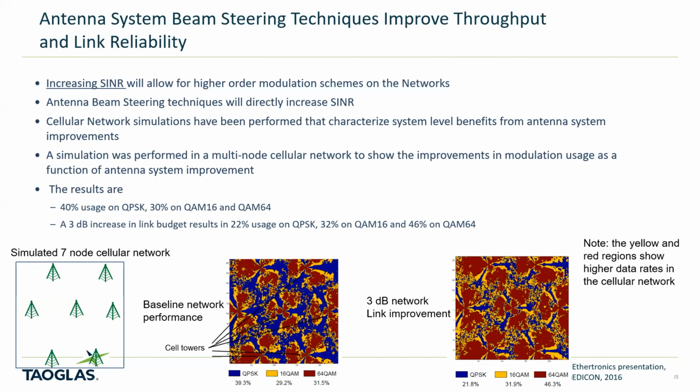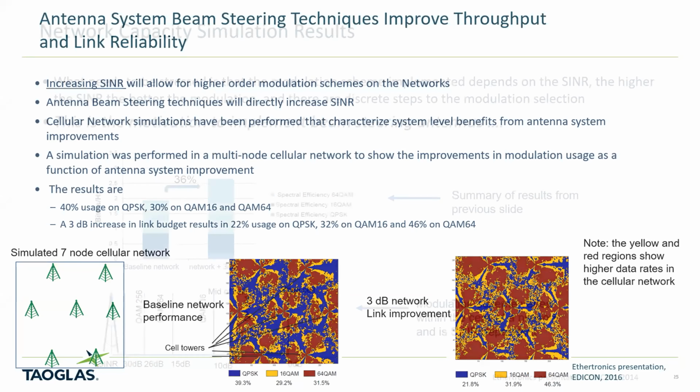So take that middle plot and say, for every client device or smartphone in that network, if I could beam steer and that would provide 3 dB of additional antenna system gain on the client device, you end up with the modulation mapping on the right. All of a sudden you see the regions of your cellular network that can support 64 QAM and 16 QAM increase. It's just that direct communication link calculation: if you can drive up the antenna gain on either side of that link, you're going to put more energy on target across the locations. So that is a justification of how we grab 3 dB, ideally 5 or 6 dB, on all these client devices, and really the way to do it could be implementing a beam steering technique.